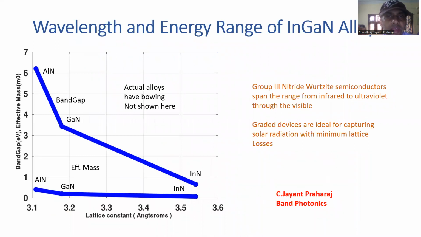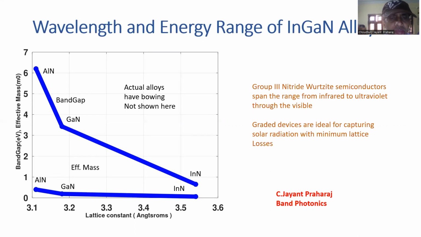Slide here shows the wavelength and energy range of indium gallium nitride. For example, you can see in the figure on the left that the indium gallium nitride alloy system covers the entire energy range from the infrared to the ultraviolet through the visible. Actual alloys have some bowing, but this plot gives a very good idea of how the bandgap energy of this alloy system varies.